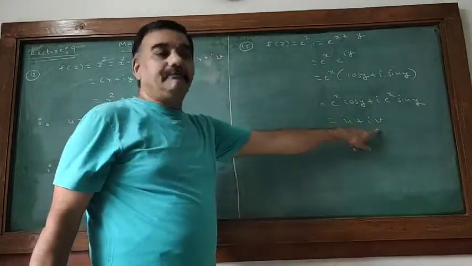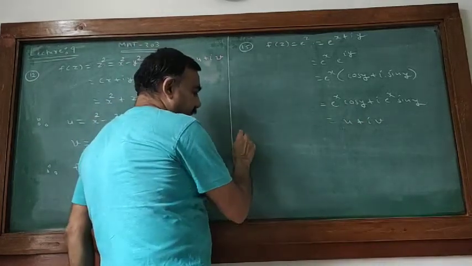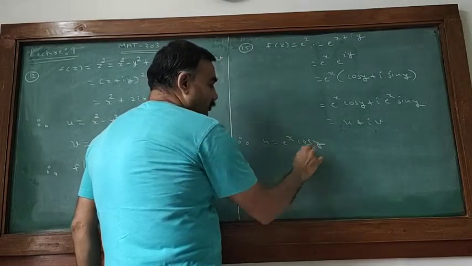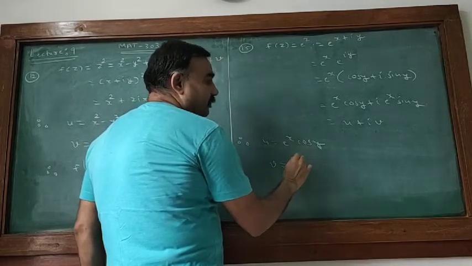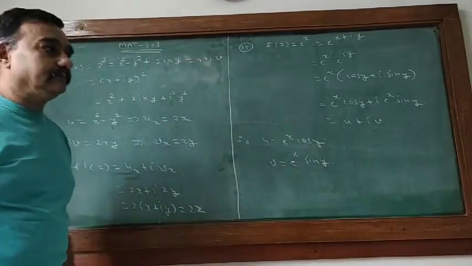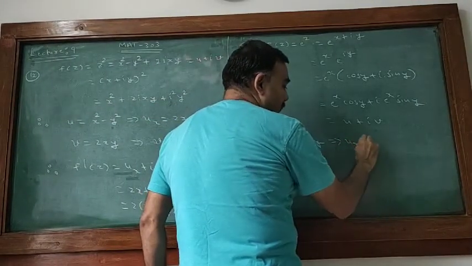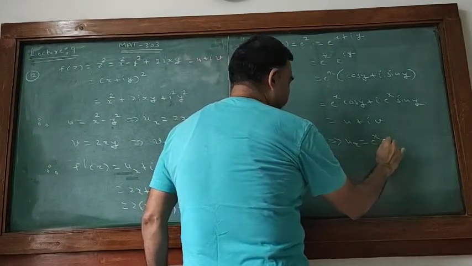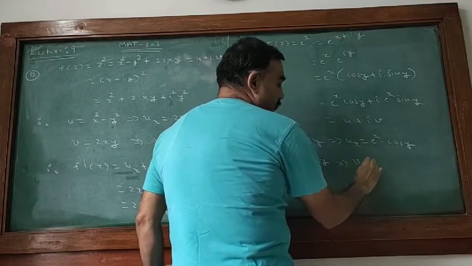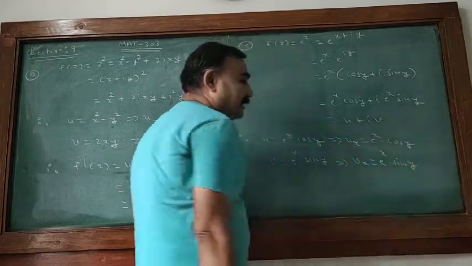Now again if we compare with u plus iv, u is e raised to x cos y and v equal to e raised to x sin y. This implies u_x is e raised to x cos y and v_x equal to e raised to x sin y.